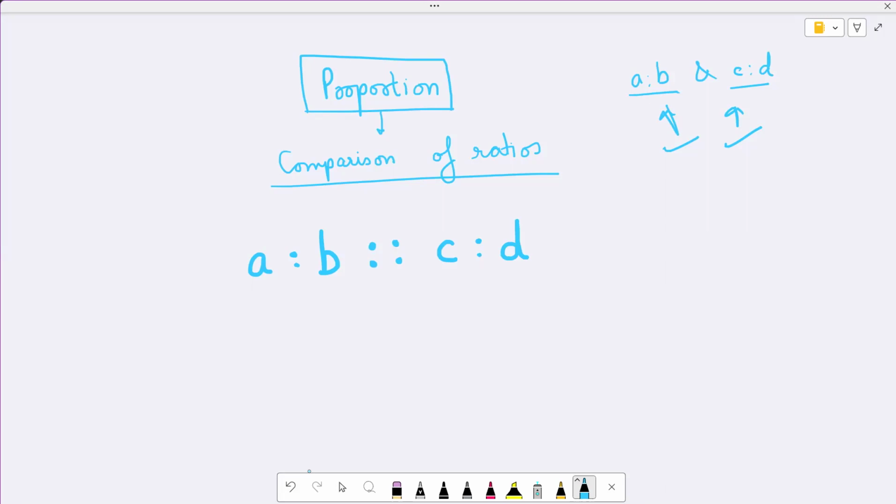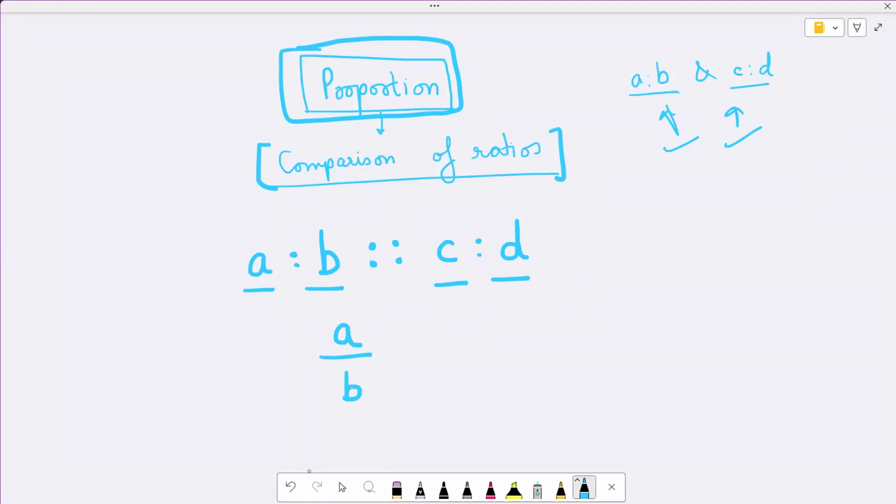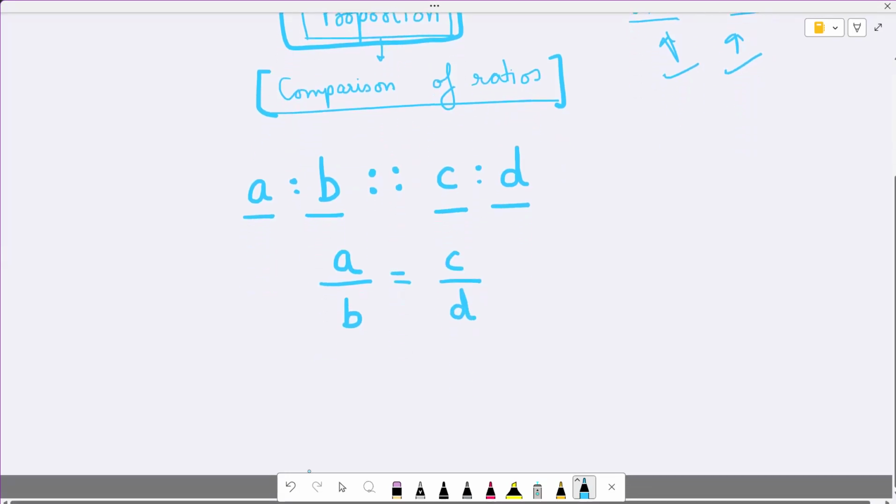Now, what this means is when we compare these ratios, it means that the ratio of A to B is the same as that of C to D, right? Or we can say that A upon B is equal to C upon D in very simple words. So this is another conclusion that we can draw from this equation.